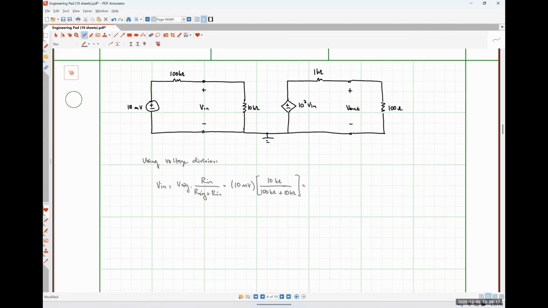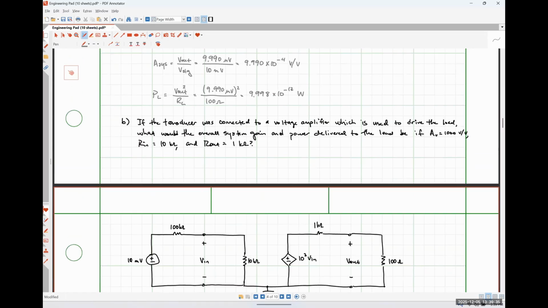And when I did that, I wound up getting a voltage of 909.091 microvolts. So that is significantly larger than when the amplifier wasn't there, right?